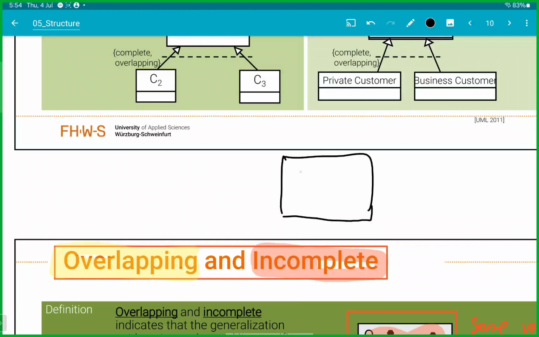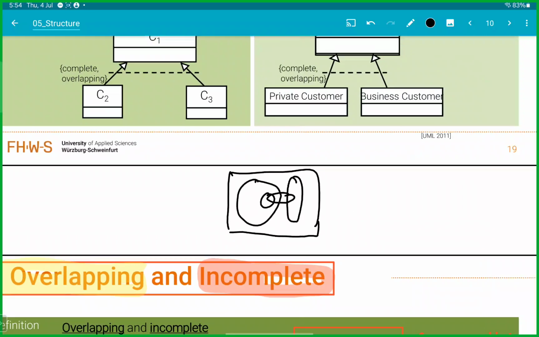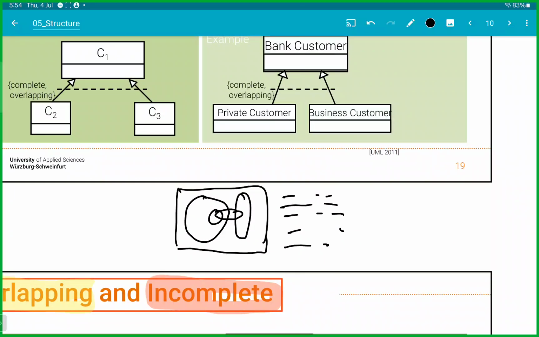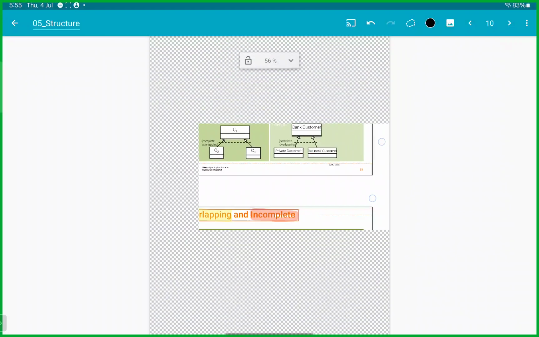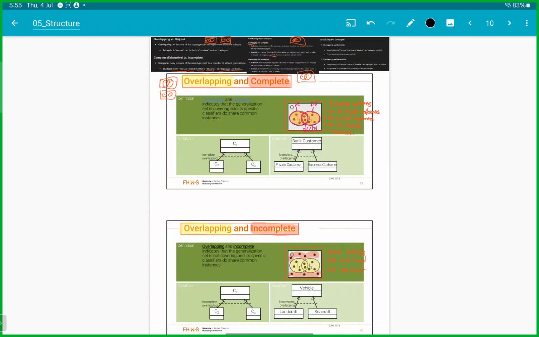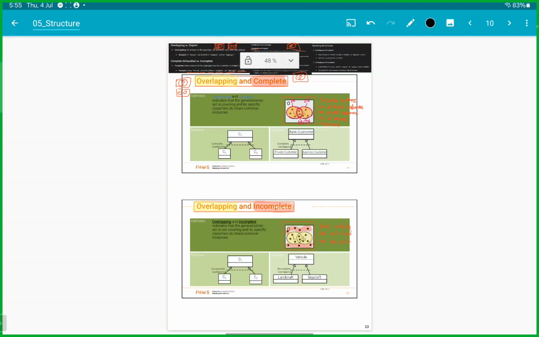It was like if I gave you a diagram like this, and you would be asked to give a detailed description about which is overlapping and complete, and which are non-overlapping and incomplete. But I do not think the professor in our university would ask us a question like this, because that would probably take up too much time and we would not have enough time for other questions.